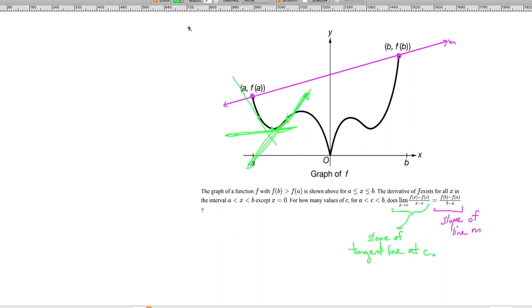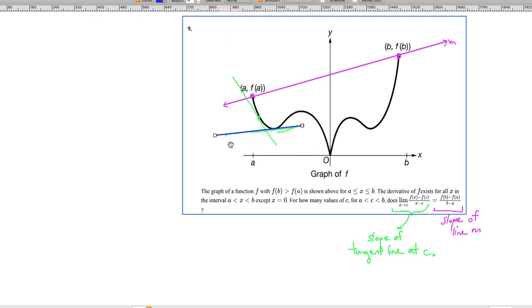So I'm going to draw a better picture just to illustrate again. So I have that line. That line is a little bit more flat.